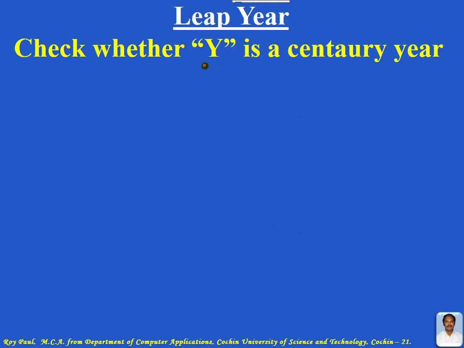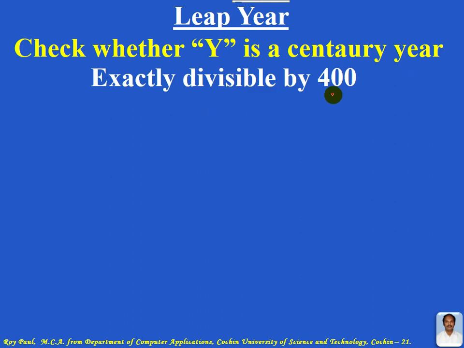So to check whether Y is a leap year or not, the method is: first check whether Y is a century year or not. If it is a century year, check whether Y is exactly divisible by 400. That is, when you divide Y by 400, the remainder must be 0. If so, Y is a leap year.